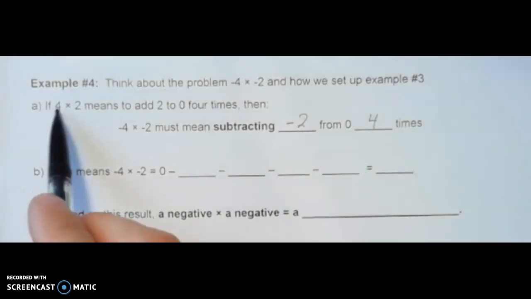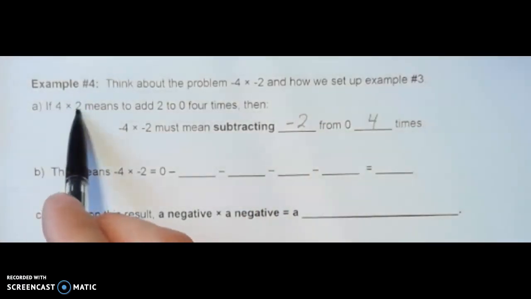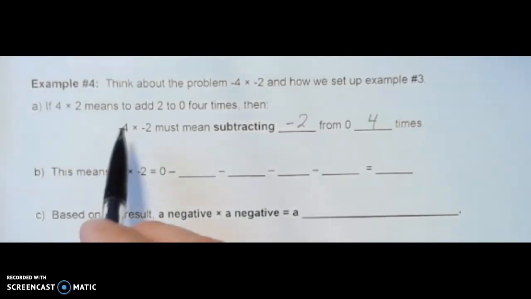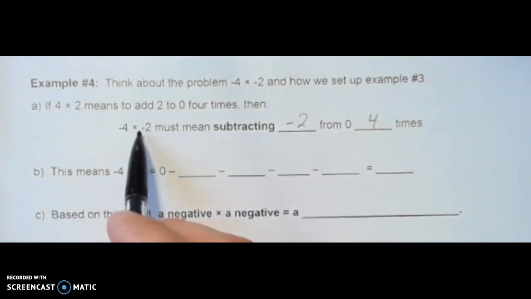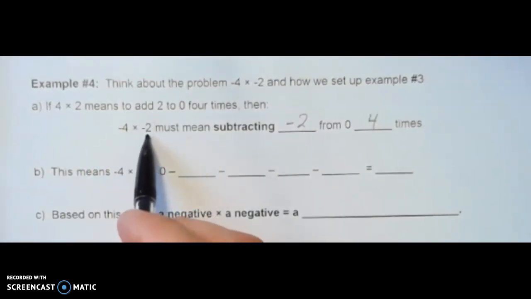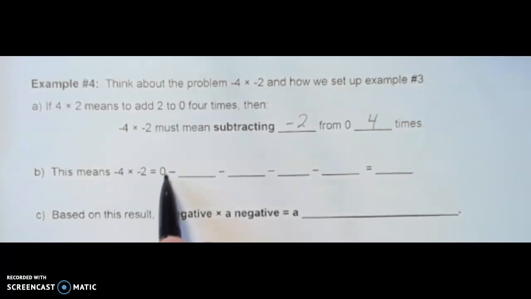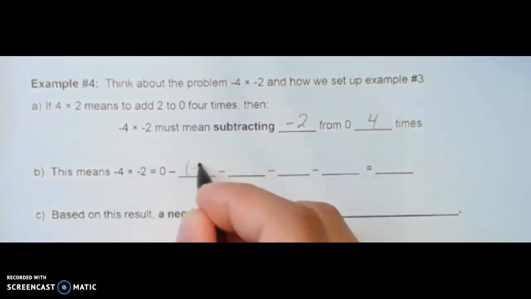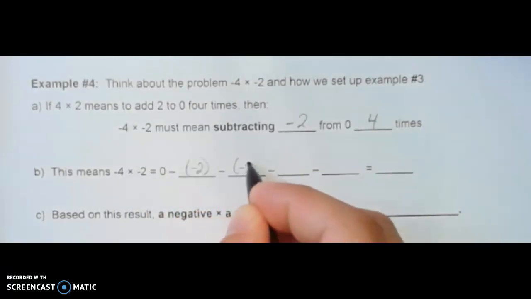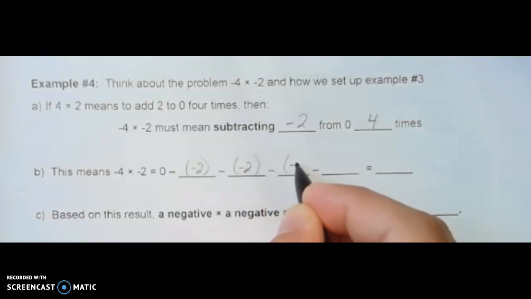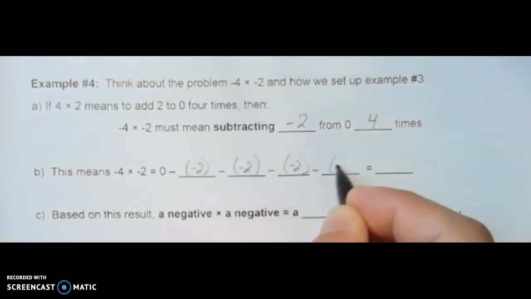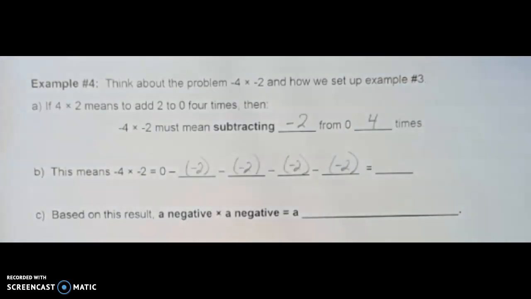So writing this problem out, negative 4 times negative 2 means 0 minus negative 2 minus negative 2 minus negative 2 minus negative 2.